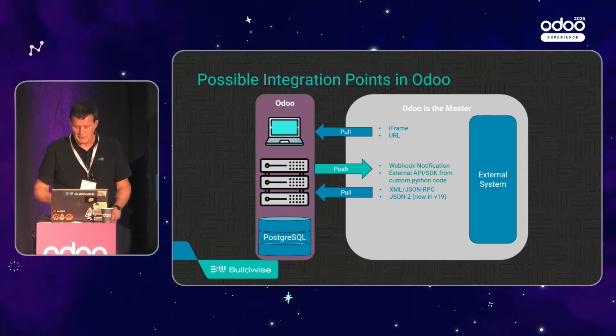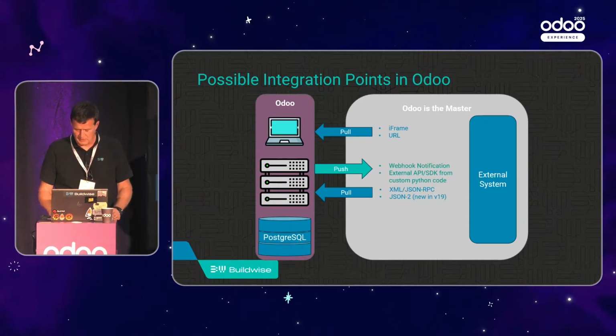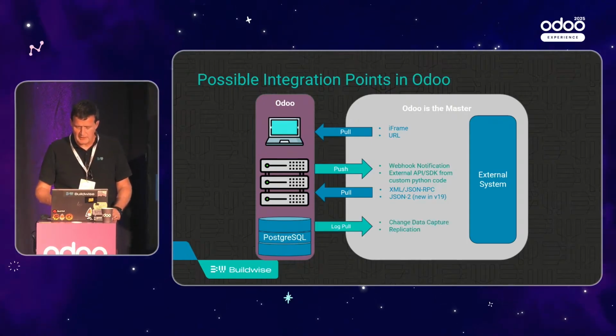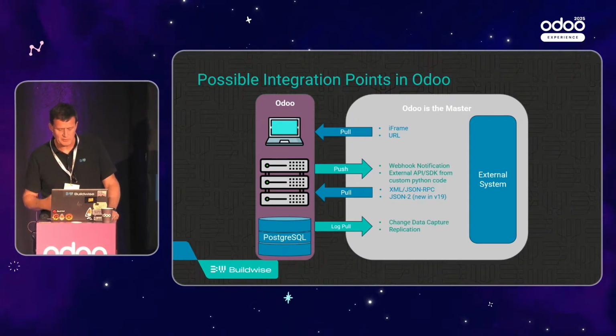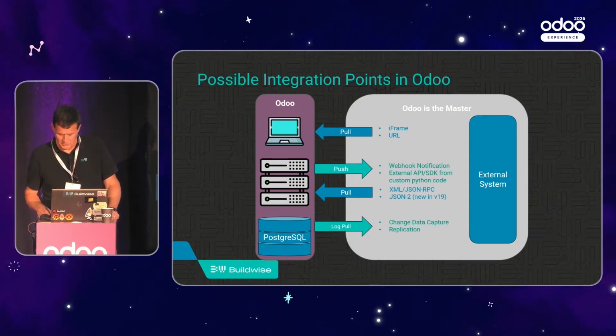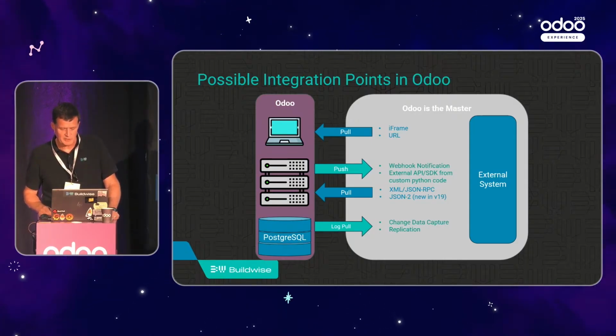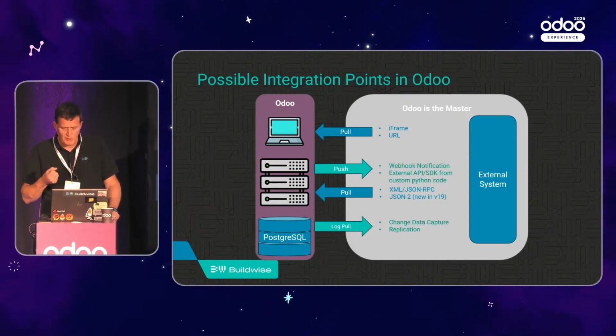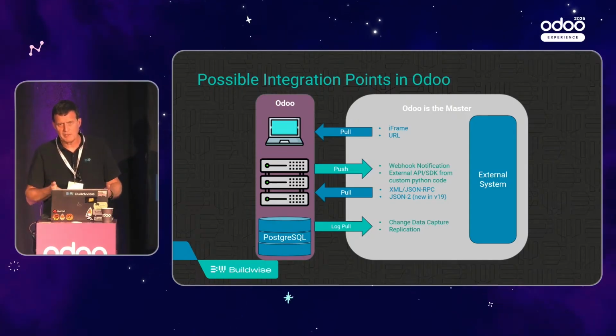And here you have the same protocols, XML-RPC, JSON-RPC, which will be replaced by JSON2. On the database, same stuff. Here you have something new. It's called change data capture. So with PostgreSQL and with all databases in general, you have the ability to fetch only the changes that happen on a particular entity.